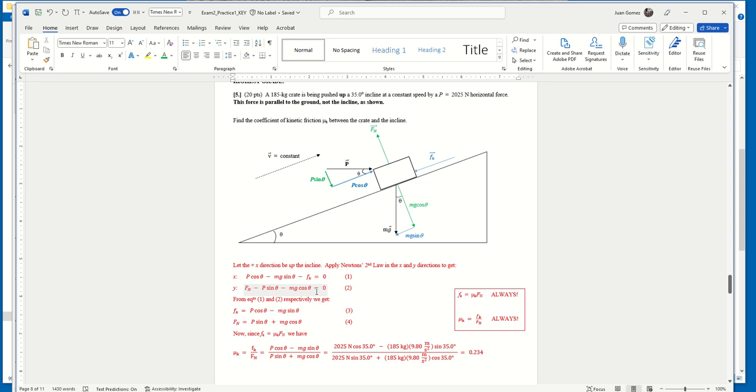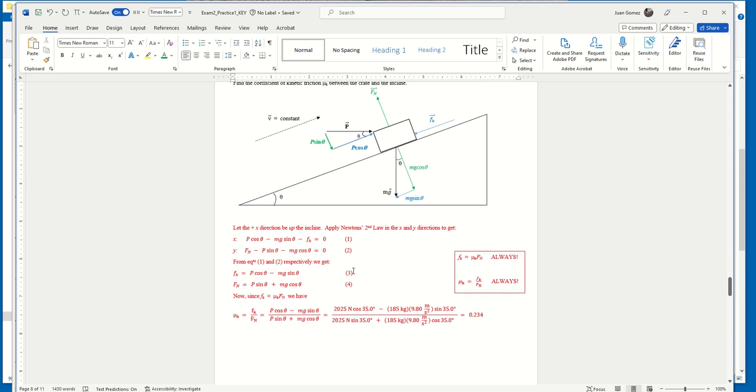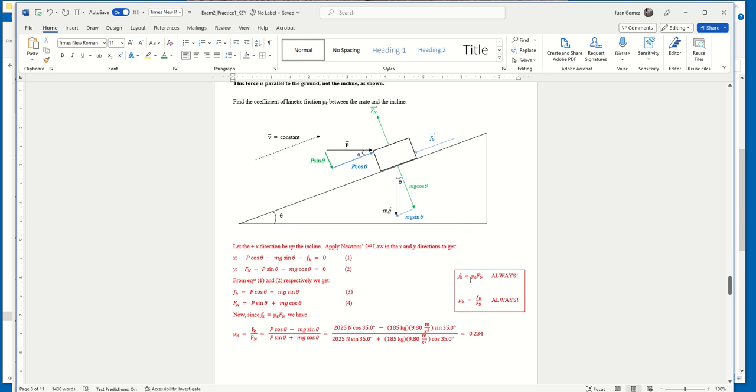Now I want to solve equation 1 for Fk and solve equation 2 for Fn. So very simple. I get equation 3 and 4. Fk is P cosine theta minus mg sine theta. And then Fn is P sine theta plus mg cosine theta.